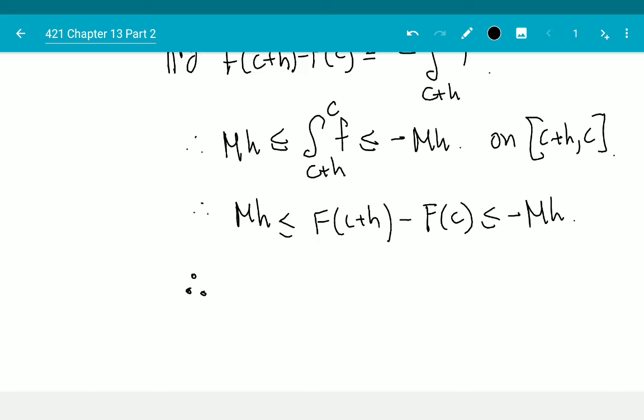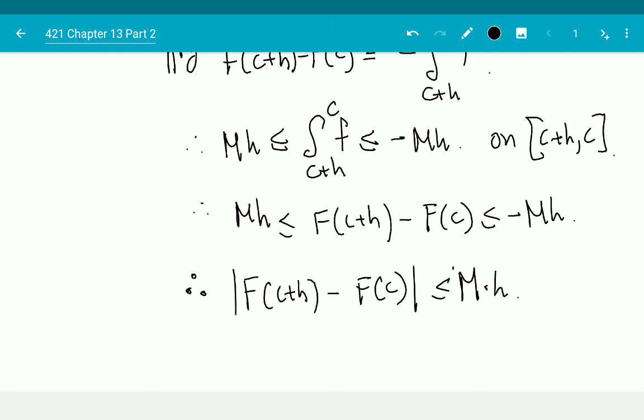What this means is, therefore, the absolute value of F of c plus h minus F of c is smaller than or equal to capital M times the absolute value of h.